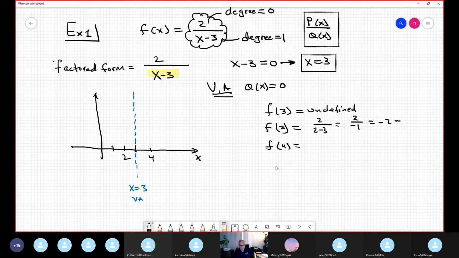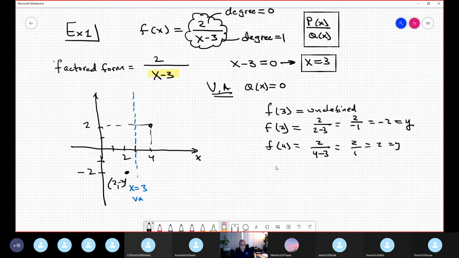This is the x value. 2 comma negative 2. That point is the point 2 comma negative 2. And 4, exactly the same. 2 over 4 minus 3 is 2 over 1, positive 2. The y value. So it's 4 comma positive 2.